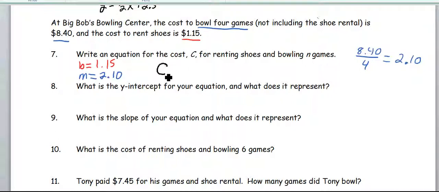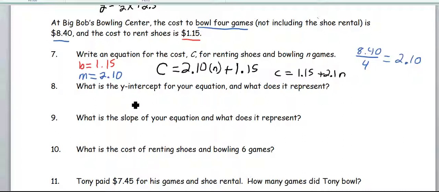So let's start with our dependent variable: C equals $2.10 times the number of games, N, plus $1.15. And of course we could also write that as C equals, you could begin with the beginning, $1.15 plus $2.10 per game.